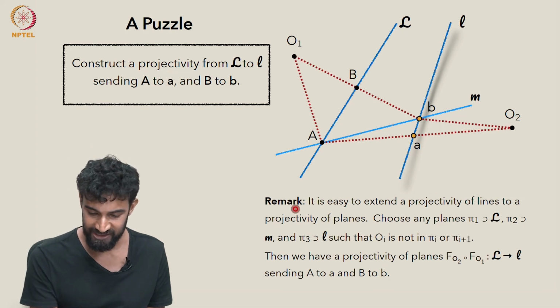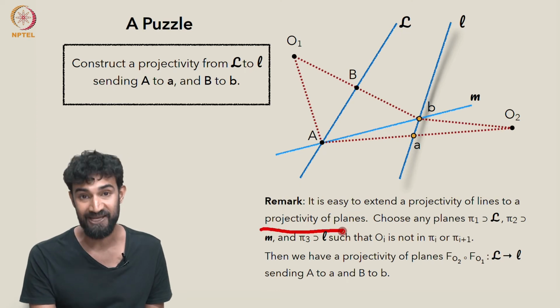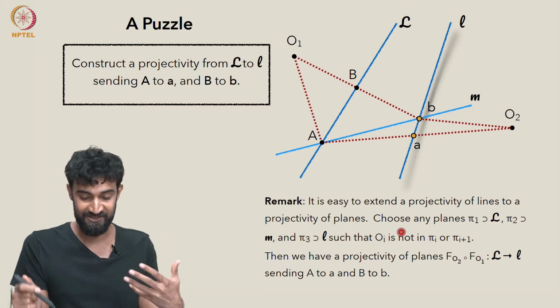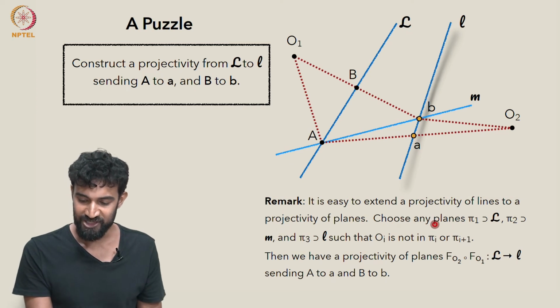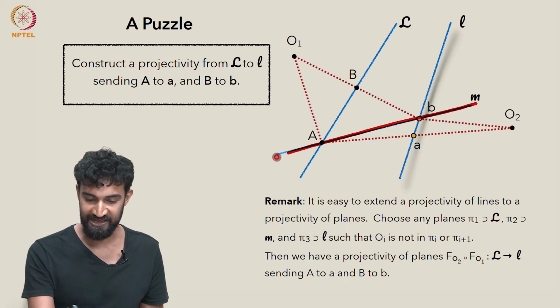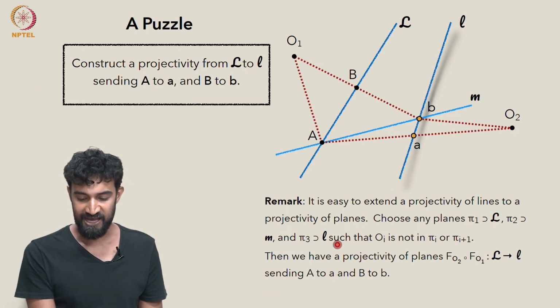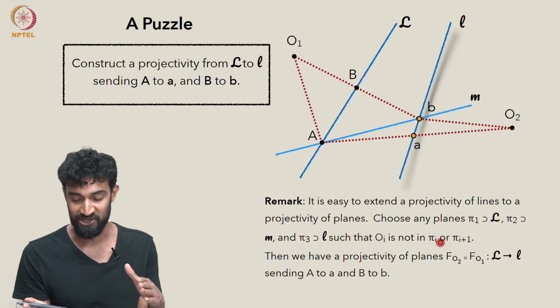Now, just as a remark, it's easy to extend a projectivity of lines to a projectivity of planes. So we're eventually going to want to move up to 2D projectivity. So let's just quickly see that here we have a projectivity of lines, but we can always choose planes pi1 containing L, pi2 containing M, and pi3 containing little l. And we can choose centers in such a way that these centers O1 and O2 are not contained in any of those planes.